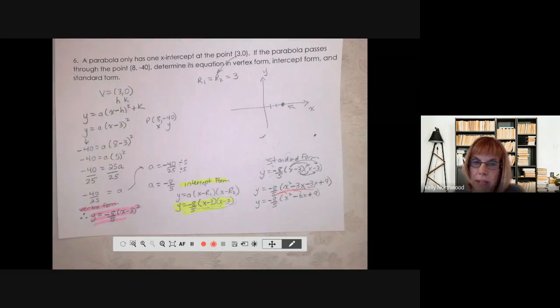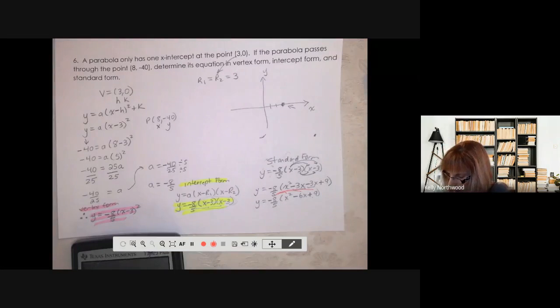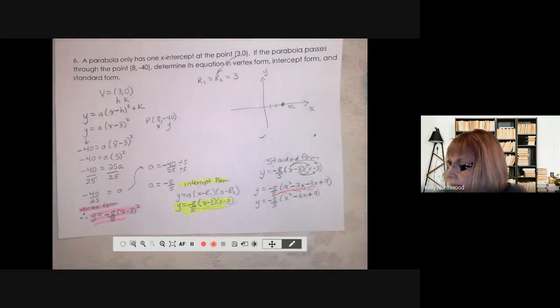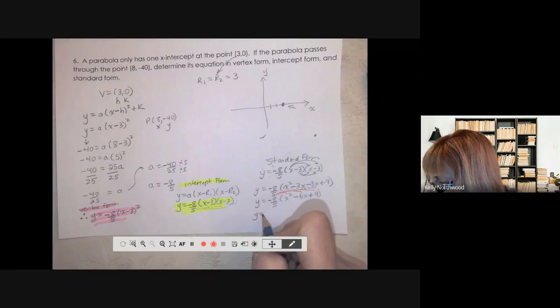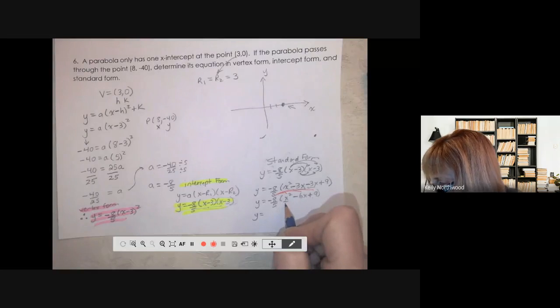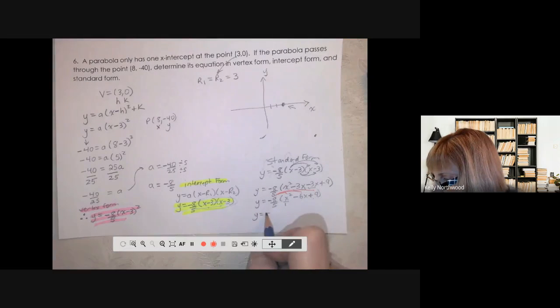And that's where some of you may feel way more comfortable with writing -8/5 as -1.6, and that's fine, okay? I'm going to show the fractions just because. So you would think of this x squared as x squared over 1, and when you multiply by a fraction, you multiply the tops together.